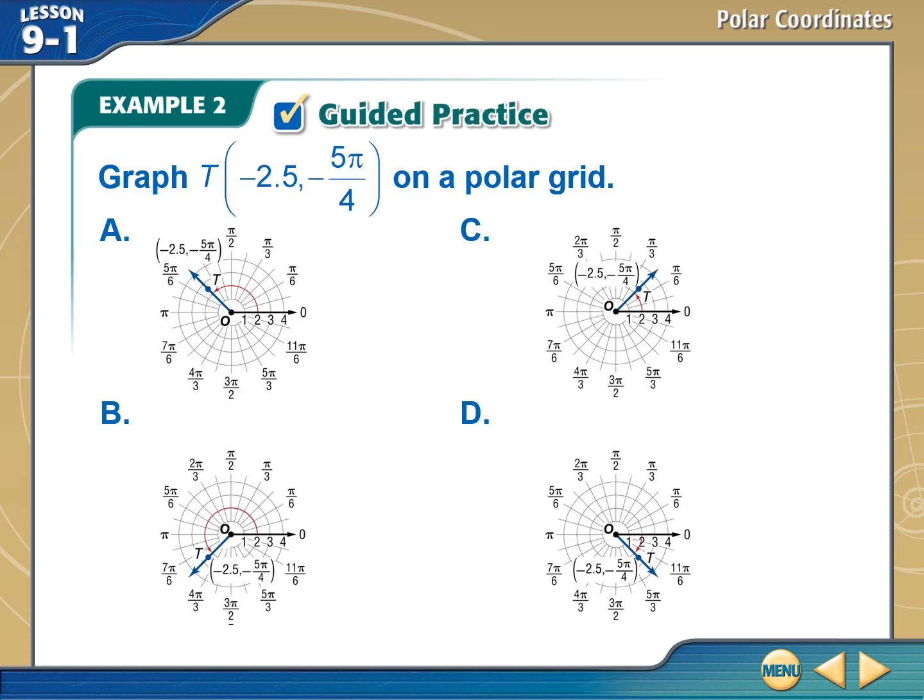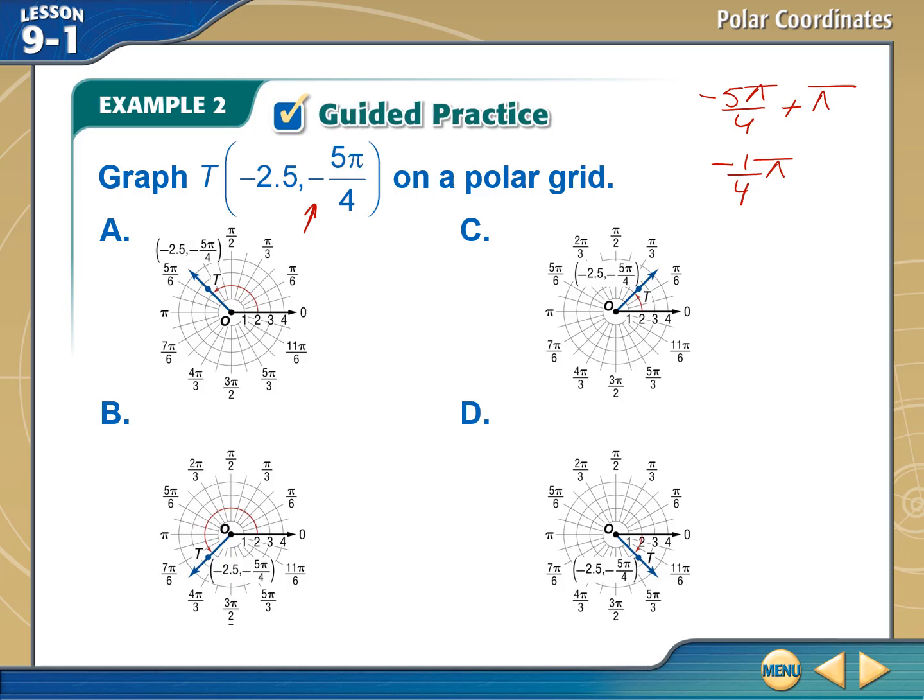Let's see if we could understand. The question says that there are 2 points, both are negative points. So R is negative and theta is also negative. What I told you is that whenever theta and R both are negative, the first thing is that we add the pi to it. So 4 minus 5, -1 over 4 pi.